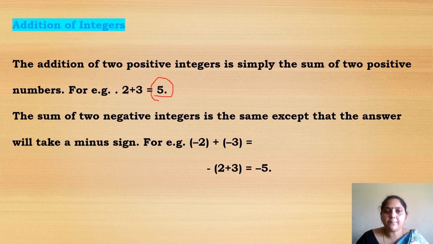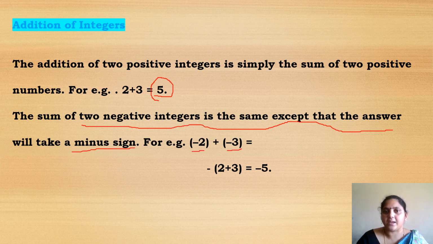Now, the sum of two negative integers is the same except the answer will take a minus sign. For example, minus 2, minus 3. If you observe here, we have taken the common sign. What is our common sign here? Minus. Now, what have we added here? 2 plus 3. When we add 2 plus 3, we get 5.